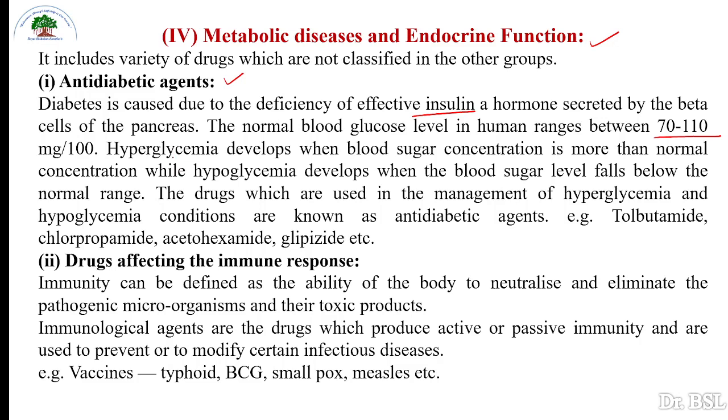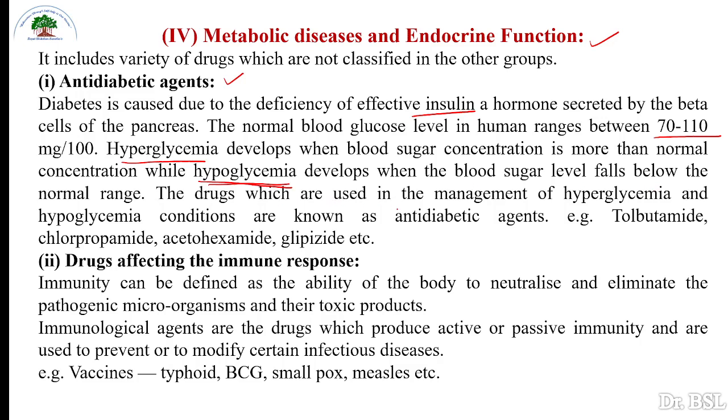Hyperglycemia develops when blood sugar concentration is more than the normal concentration, while hypoglycemia, where hyper means more and hypo means less or low, develops when the blood sugar level falls below the normal range.